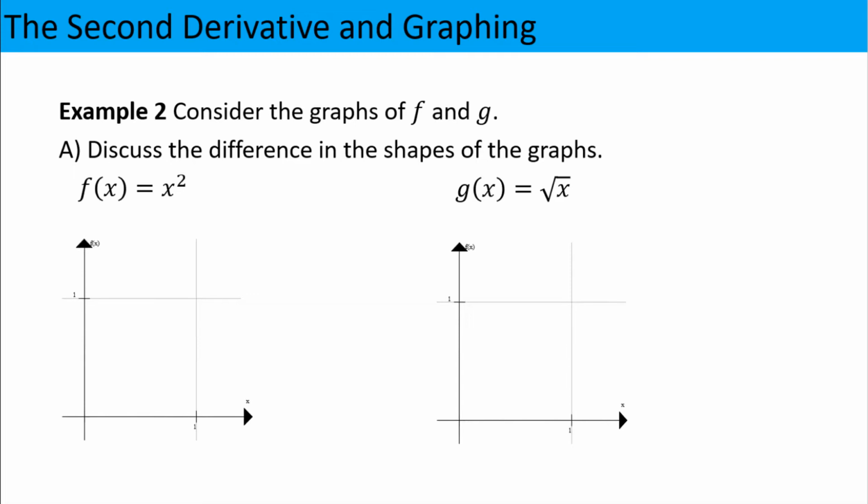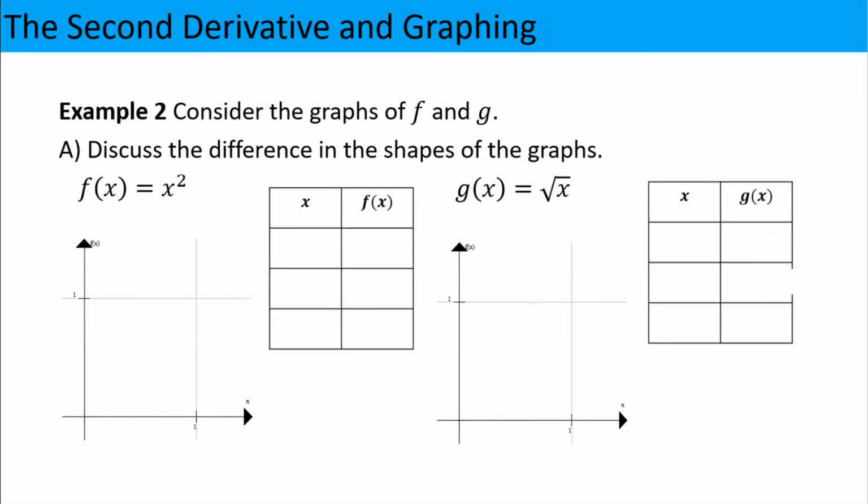F of x equals x squared, and g of x equals the square root of x. Let's plot a few points. Let's say for f of x, we'll plot at 0, 0.5, and 1. And for g of x, we'll do the same thing. We'll evaluate at 0, 0.5, and 1. Let's do the easy ones to compute first.